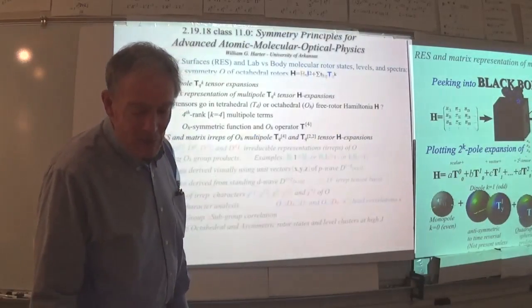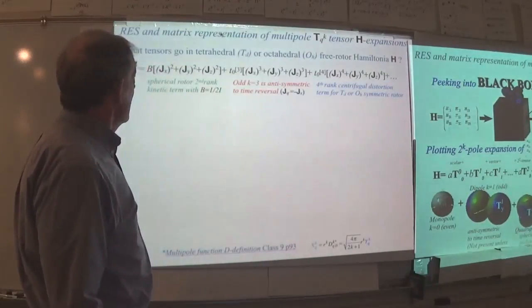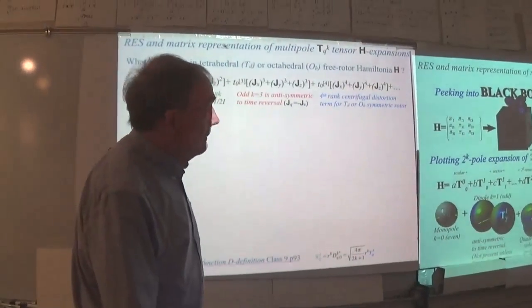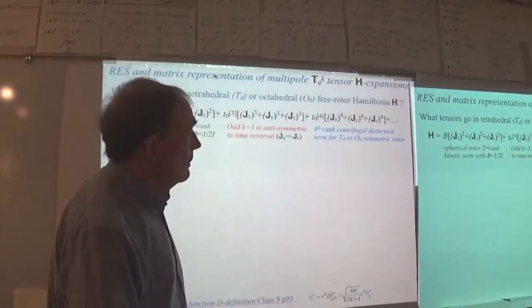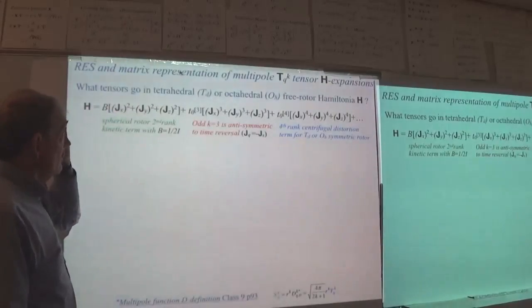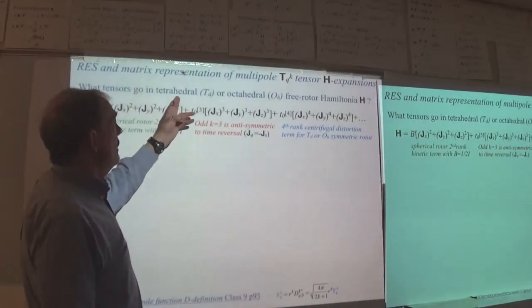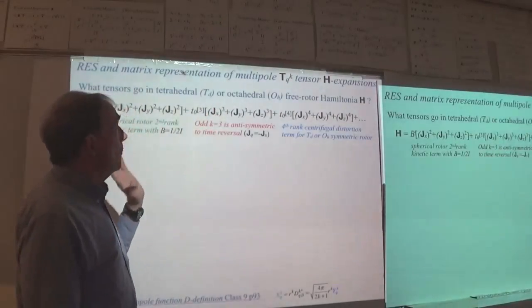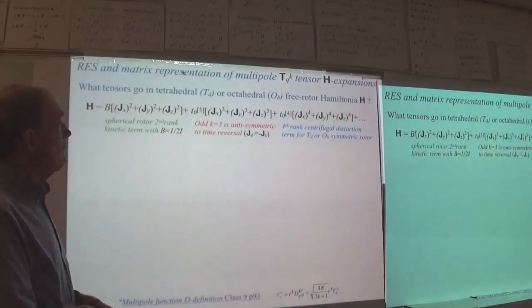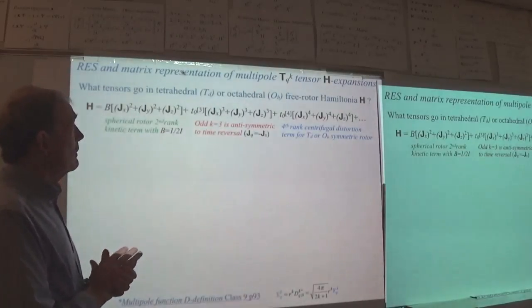Okay, let's get started on looking at a question here, and I'll keep these two lined up so that we can compare things. The question is, what tensors go into a Hamiltonian for, say, a tetrahedral molecule? We won't be talking about CF4, but that's a favorite for some really clear spectra of what we're going to be talking about.